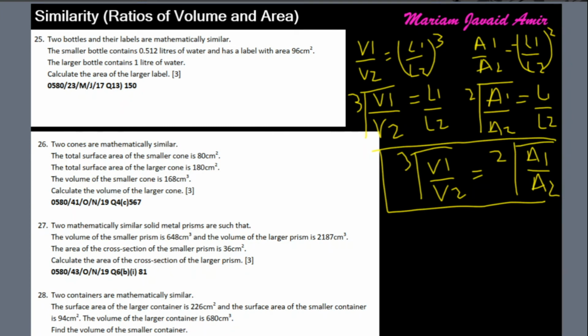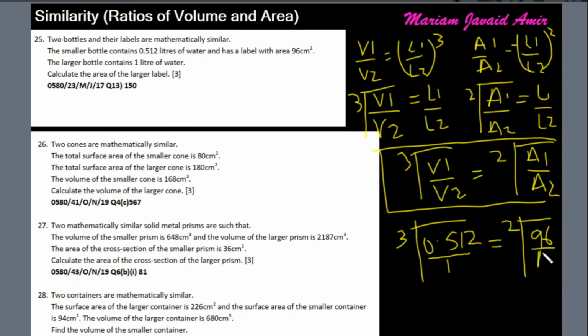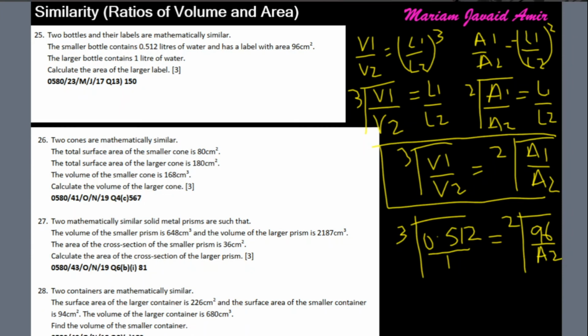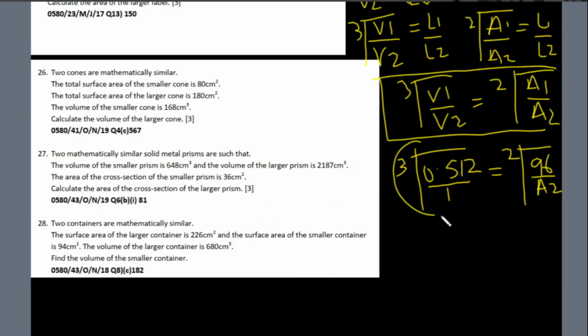Let's use this now. So cube root of 0.512 over 1 equals square root of the first area was 96 over, we need the second area. Alright, so let's solve this first. Cube root of 0.512 divided by 1, which is simply 0.8. So this becomes 0.8 equals square root of 96 over A2.